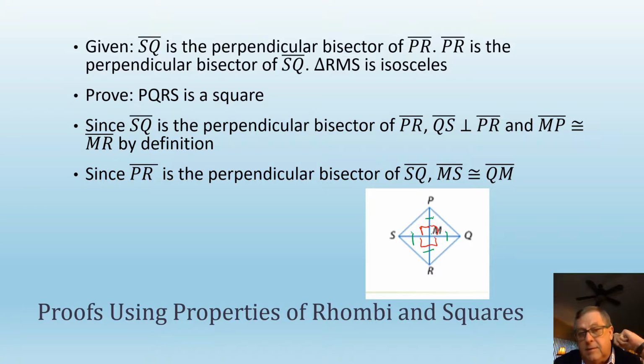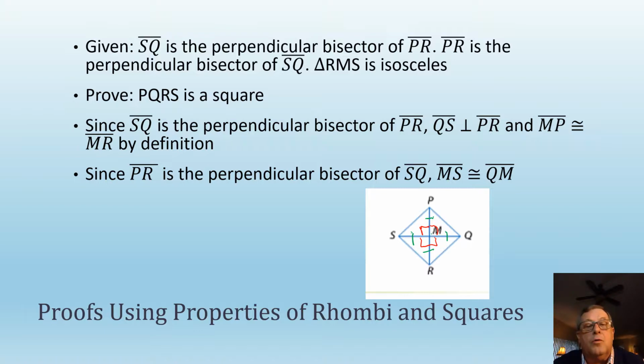Let's go back then. Since segment SQ is the perpendicular bisector of segment PR, then segment QS is perpendicular to PR, and segment MP is congruent to MR, and since PR is a perpendicular bisector of SQ, then MS and QM are congruent.